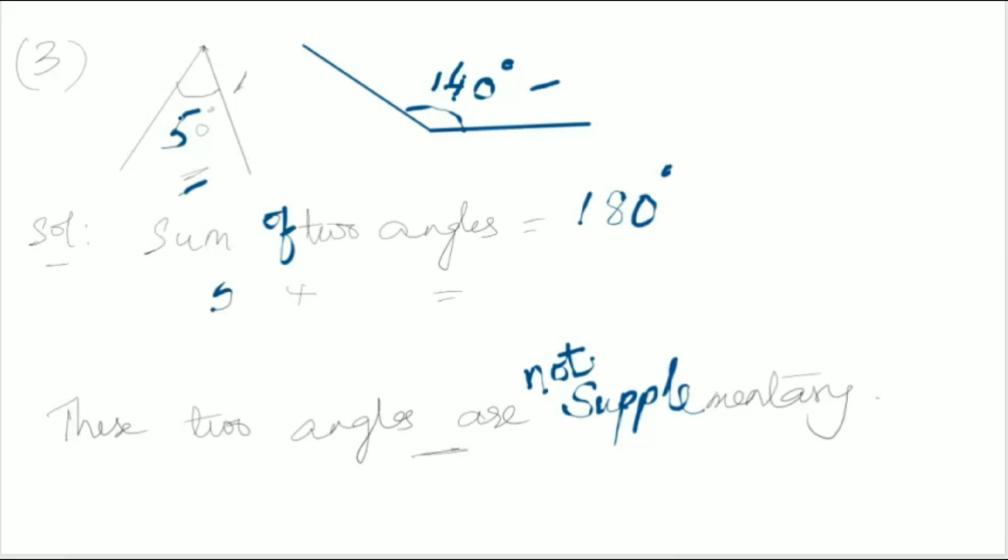Here I have 50 degrees and the second angle is 140 degrees. The sum of 50 plus 140 is equal to 190. This is not equal to 180 degrees. So we will say that these two angles are not supplementary angles.